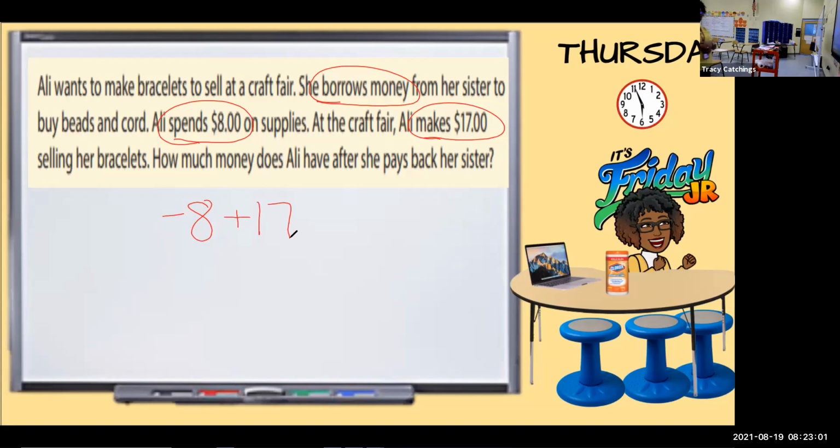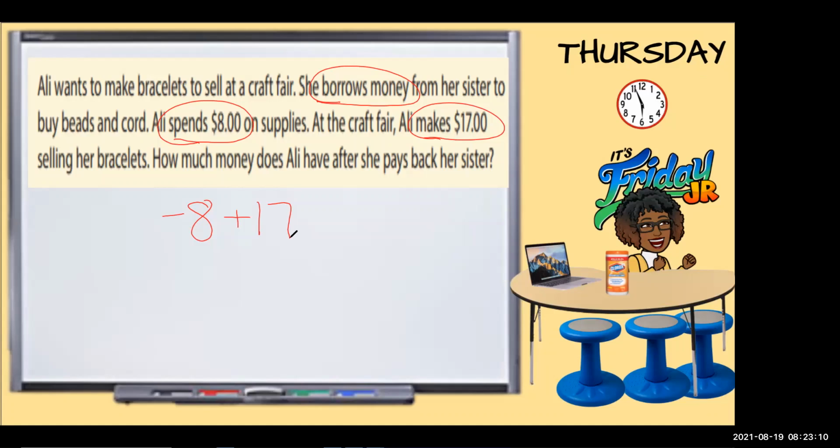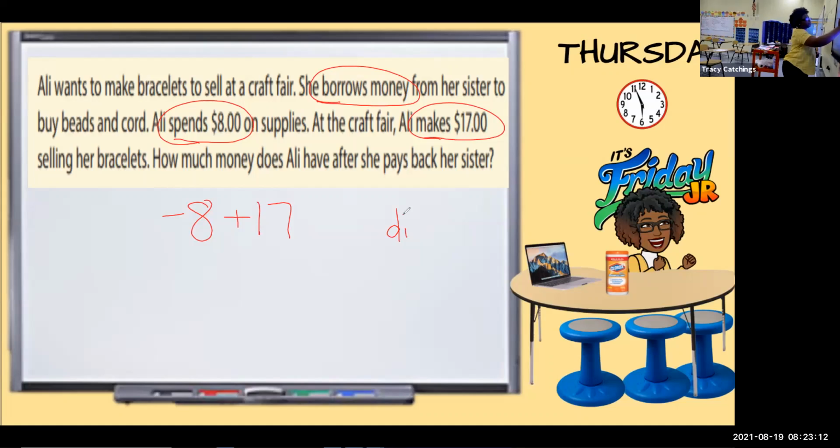So now when we look at those two numbers, do they have the same signs in front of them or do they have different signs? Different. All right, good job, different. In your notes, what did we say about different signs?